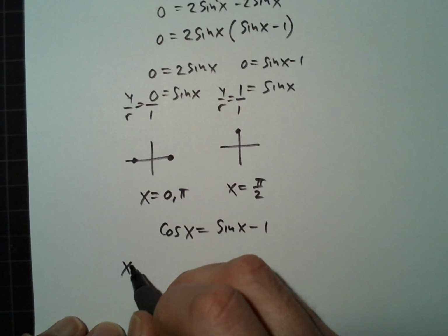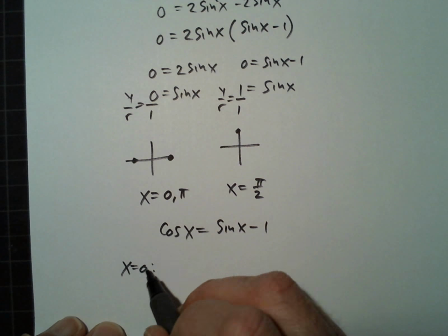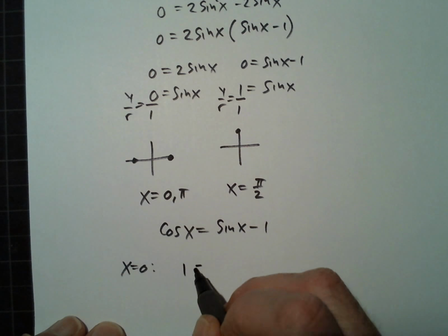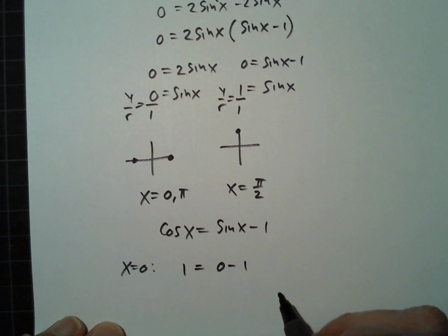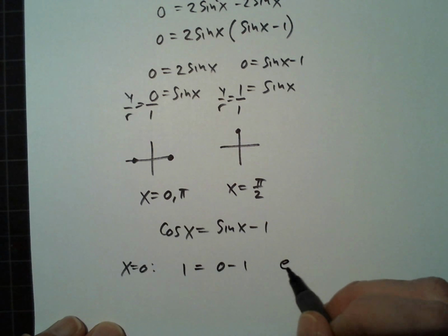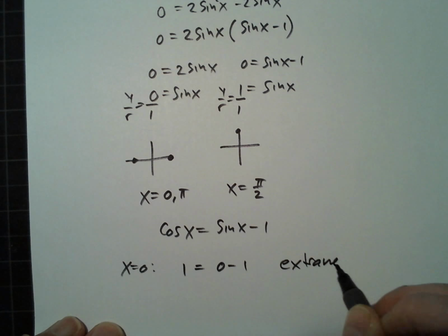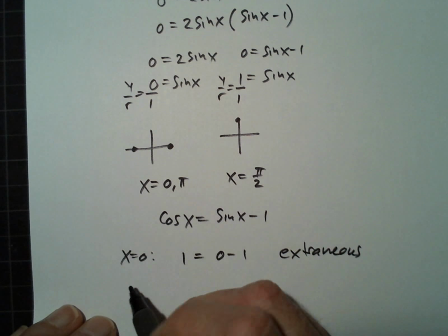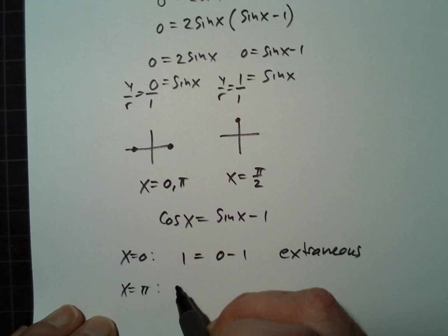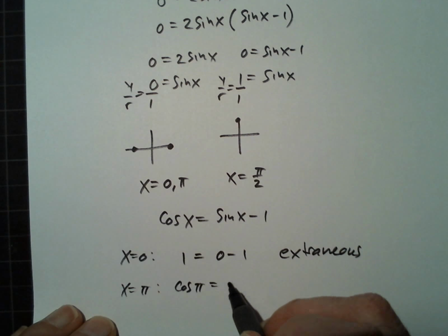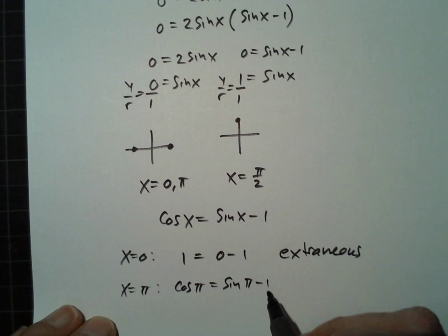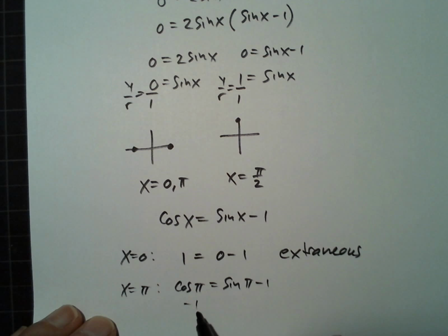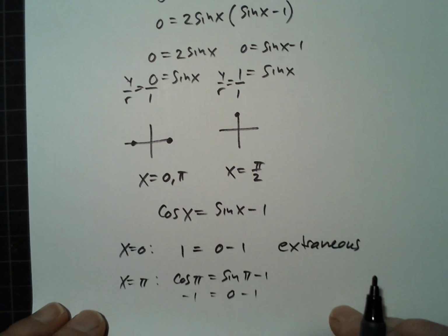And if we check 0, we're going to have cosine of 0 is 1, sine of 0, so that is extraneous. 1 does not equal negative 1. And let's try pi. Cosine of pi equals sine of pi minus 1. So that's going to be a negative 1 equals 0 minus 1. So that's a solution. Pi is a solution.